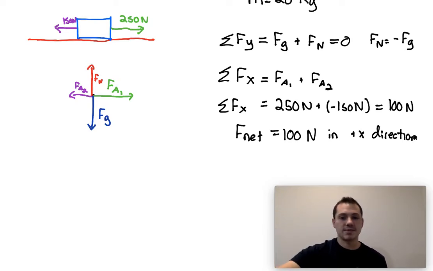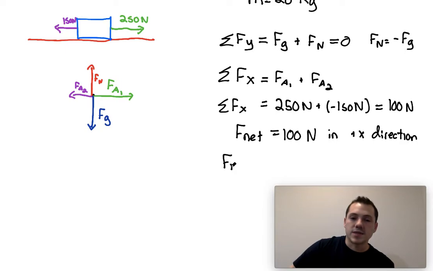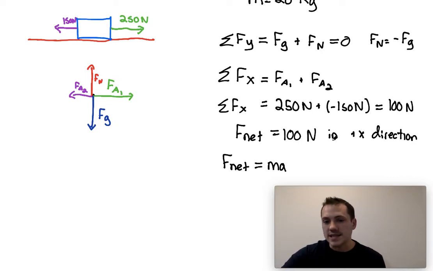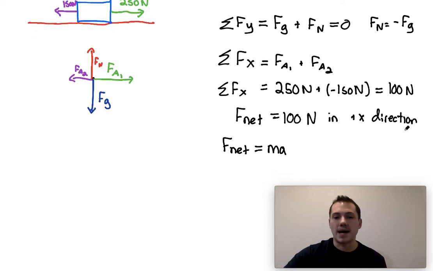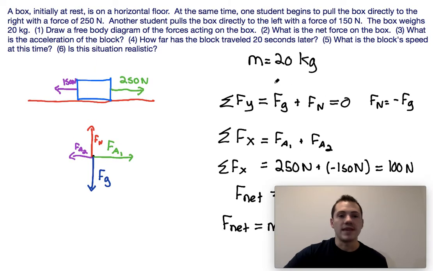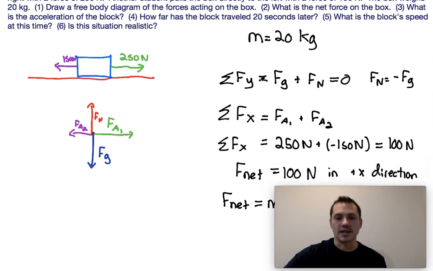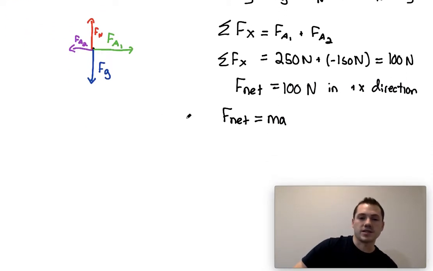If I'm pushing something to the right or pulling something to the right, it's clear it's going to accelerate in that direction. So what we use to figure out the next part is F net is equal to ma. So the net force in this case is 100 newtons in the positive x direction. The mass of the block is 20 kilograms, and we can solve this for acceleration in order to answer question 3.